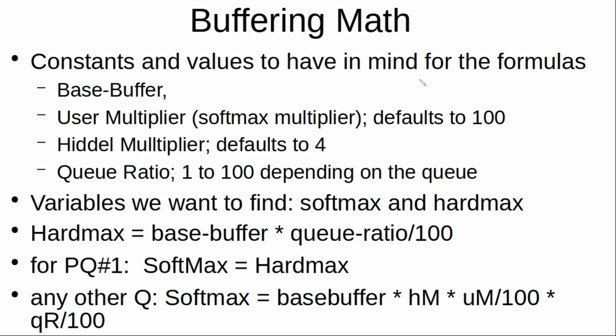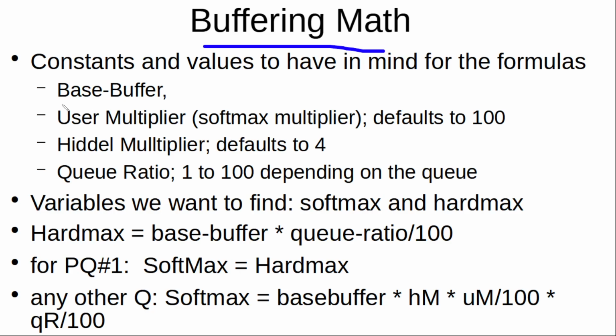As I told you before, there is a buffering math. If you really want to know how the operating system figures out how many actual buffers each queue will get, you will need to get familiar with these formulas. There are several constants and values.